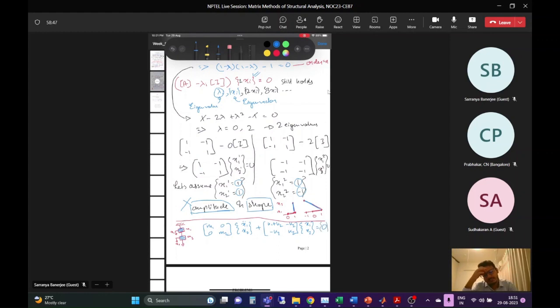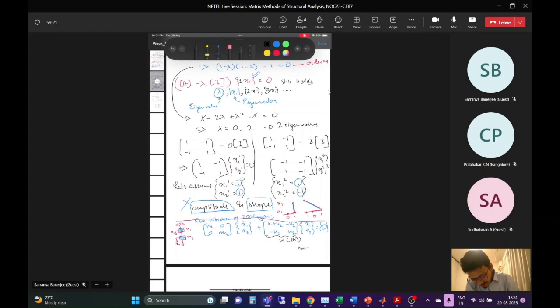Can you recall this equation of motion? This is the free vibration of a 2 degree of freedom system. Can you recall this? So now this is a matrix K, which is basically nothing but the A matrix.